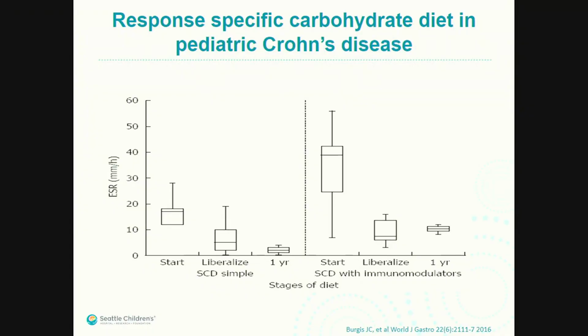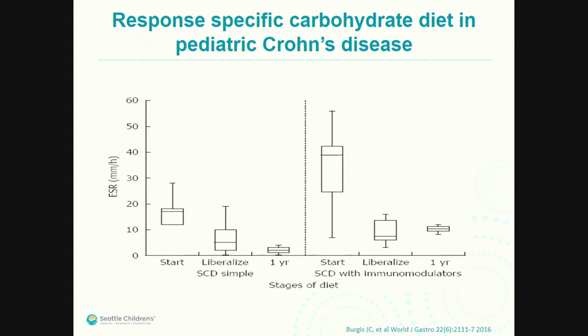And there were other groups that did similar research. This is a group from Stanford that looked at the SCD with or without immunomodulators over a year's time. And what they did was follow their clinical and laboratory scores. And you can see that not only did they actually feel better, but their inflammatory burden as measured by ESR also normalized.